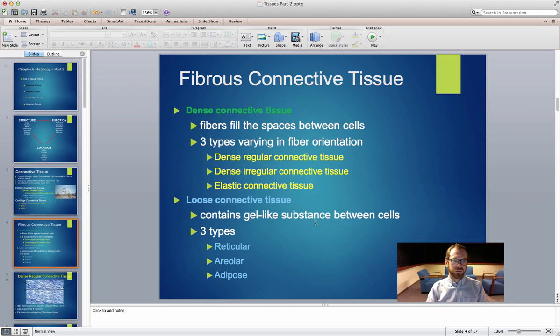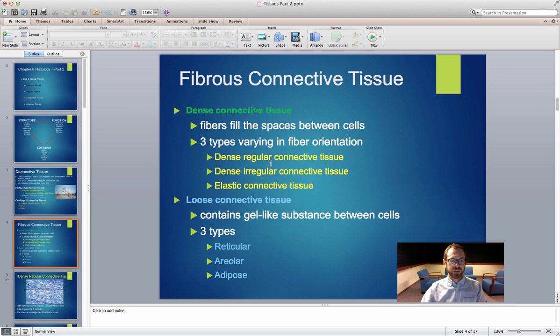For these fibrous connective tissues, we have, again, dense and loose. Dense connective tissue, as the name suggests, is going to be densely packed, so fibers fill the spaces in between cells. The way that these fibers are oriented will dictate what type of tissue this is and the structure and function of it.